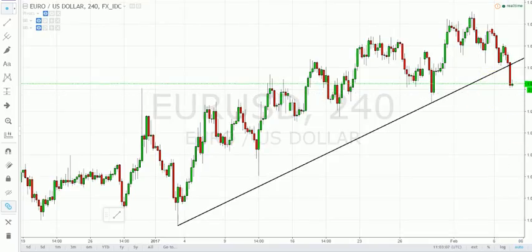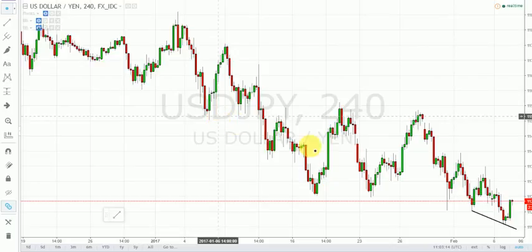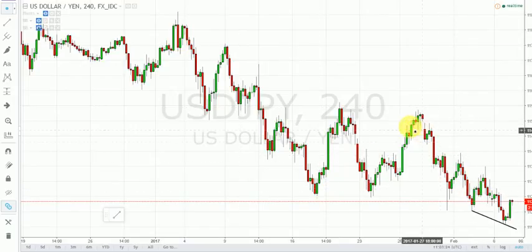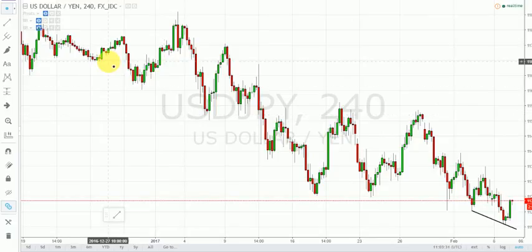If we have a look at the USD JPY, which isn't correlated into that basket of currencies as strongly as the Euro USD is, you can see that USD JPY has been in a downtrend just as the dollar index has. However, it's not showing quite the same movement, and that's because the weighting of this currency pair when calculating the dollar index isn't the same.